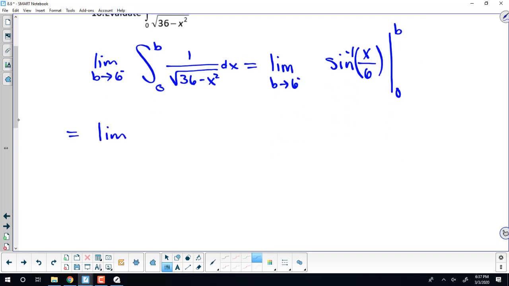So as b approaches 6 from the left, we have inverse sine of b over 6 minus inverse sine of 0.